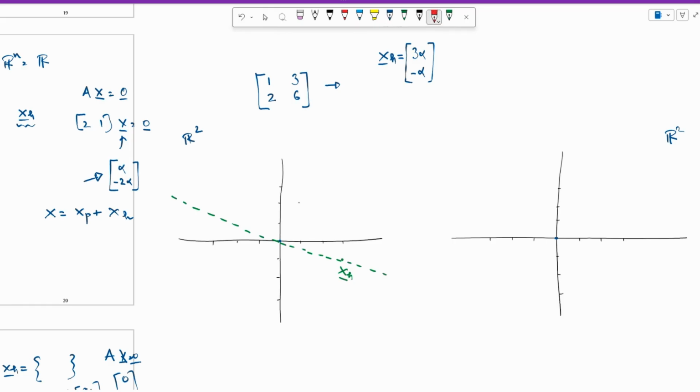Now, let's say I choose the point. What is this point? It's 2, 1. Okay. Now I ask, what does this point get mapped to? Where does this point get mapped to? Well, where does this line get mapped to? Let me ask you that first. This dash line. Well, it's a trivial question. It's a homogeneous subspace. Homogeneous subspace gets mapped to 0.